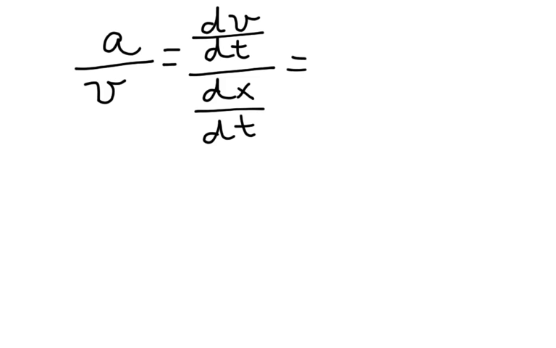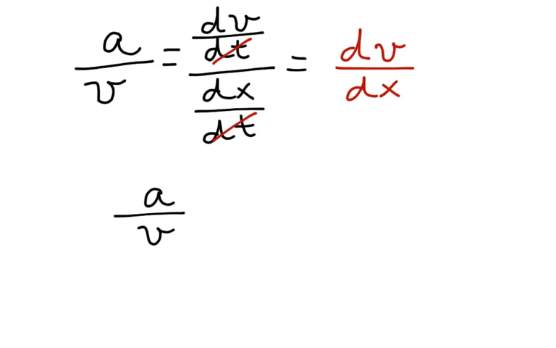And if you look closer, you'll see that the dt's cancel, and really what I have is an expression of dv over dx. And what I want to go ahead and do is separate the variables. So let's rewrite this as a over v is equal to dv over dx.